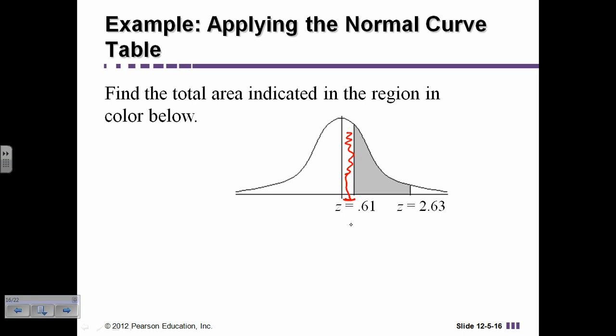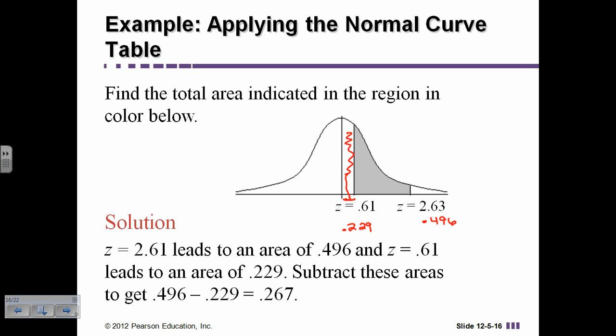So 0.61, the z-score, has an area of 0.229, and 2.63 has an area of 0.496. So again, I want to figure out what do they have left over, or what's the difference between the two. So if I subtract that, I get 0.267. So that would be 26.7%.